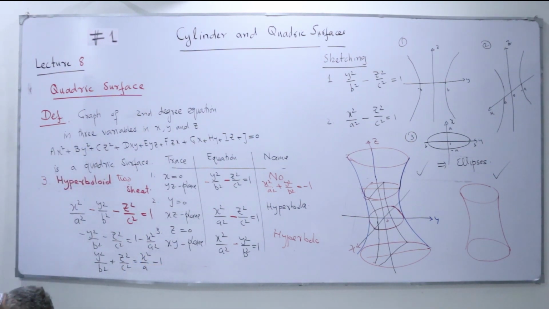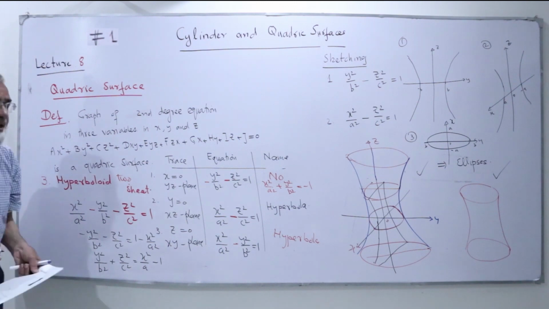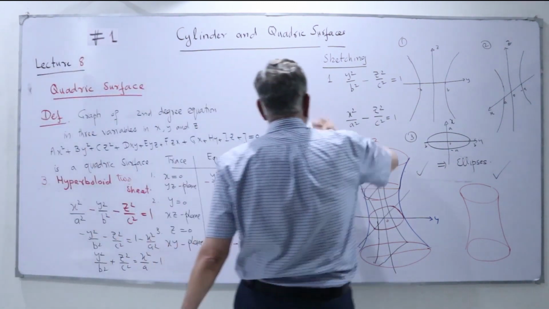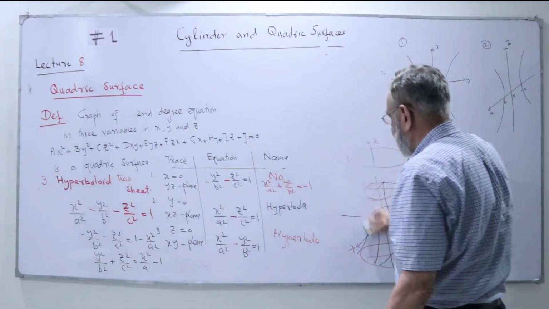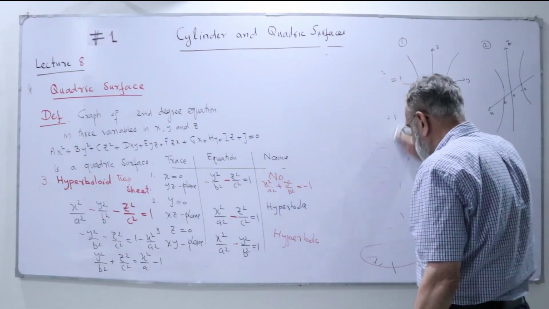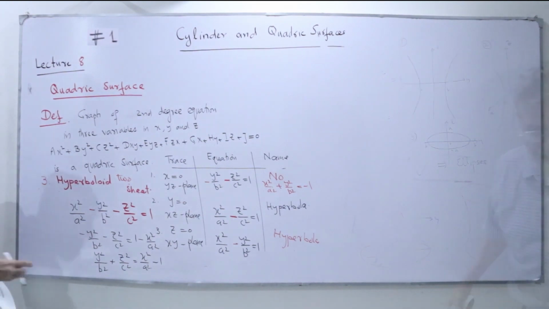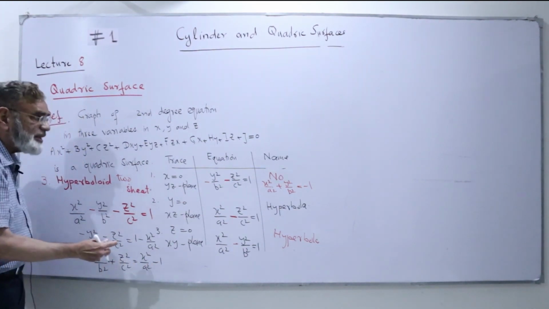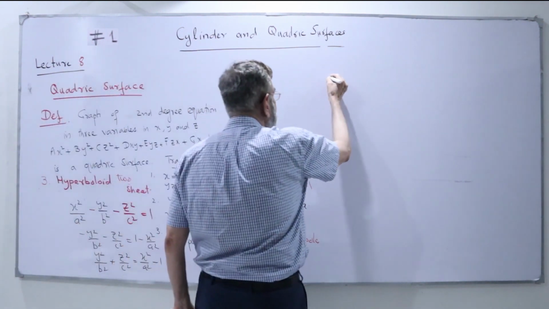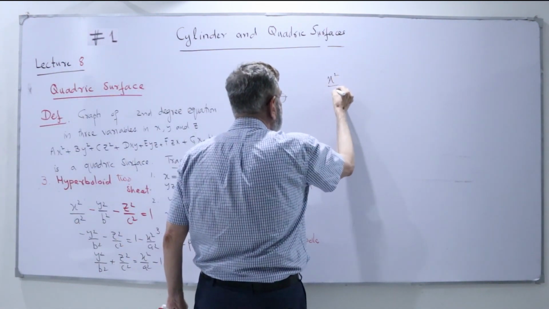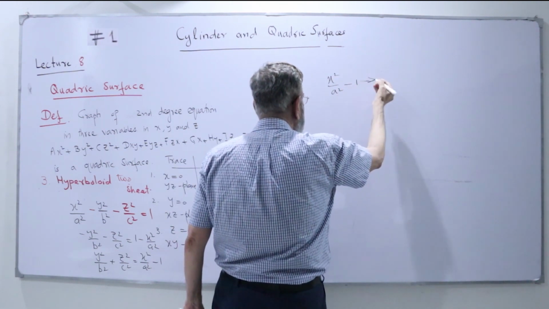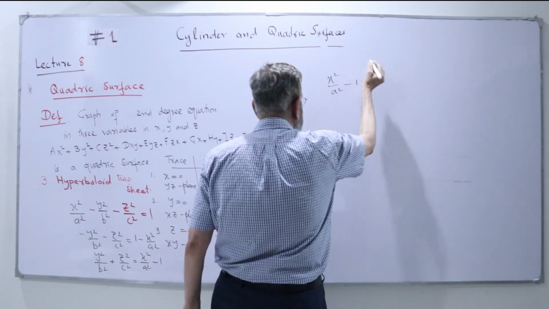Now if this value of x square upon a square minus 1 is bigger than 0, then you can see we'll have the graph. And when this is less than 0, we don't have the graph. So we take x square over a square minus 1 bigger than 0.